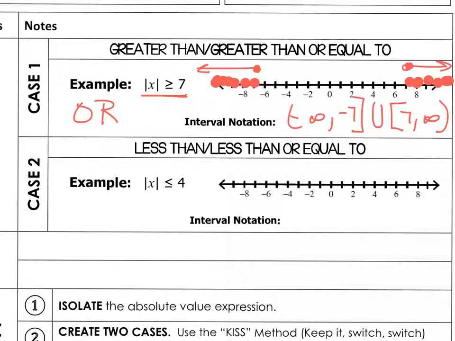So all of these values on to negative infinity, and all of these values on to positive infinity, satisfy the fact that the absolute value of x can be greater than or equal to 7.